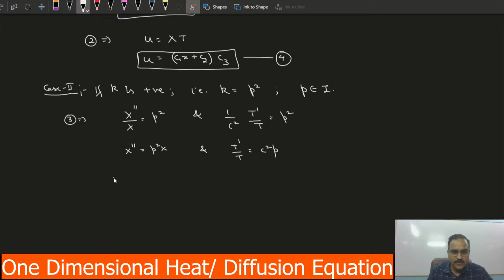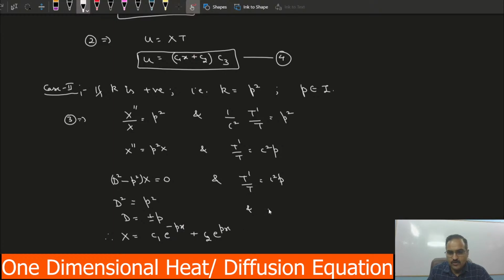Now it will be D² − p² in symbolic form, and here we are going to take the integral. So D² = p², we can say D = ±p. Therefore, the value of X will be c1 e^(−px) + c2 e^(px).